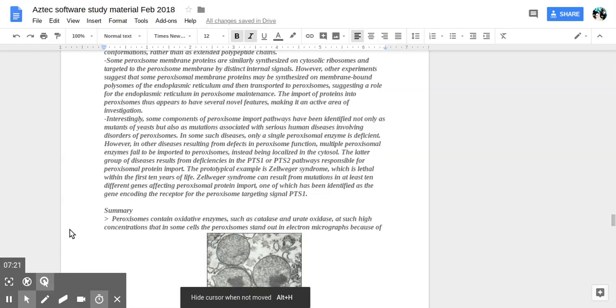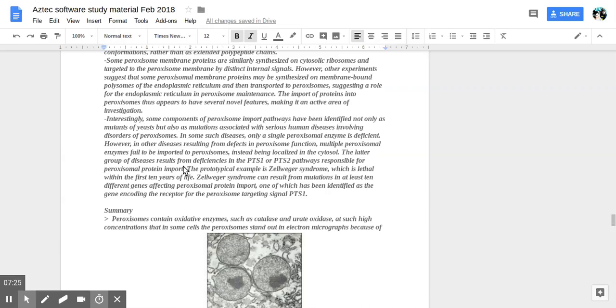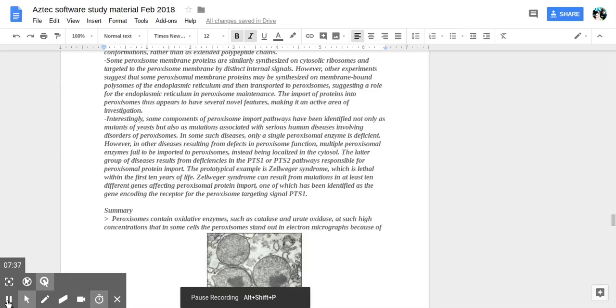Also, membrane-bound components of the peroxisomes, such as phospholipids, can also come from the endoplasmic reticulum, which makes these membrane proteins as well. And these become a part of the peroxisomes, and are transported.